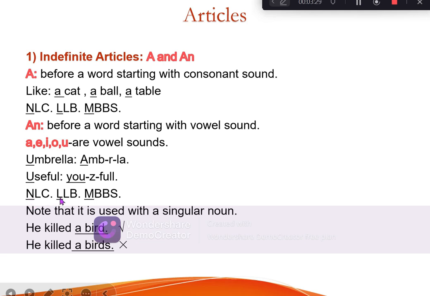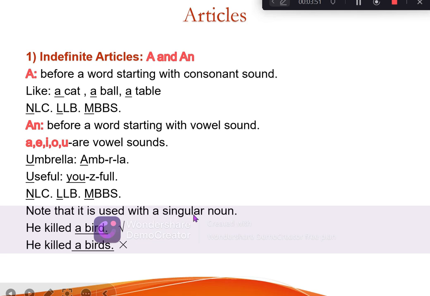So you need to identify the correct pronunciation and the sound that a word gives us before using a and an. Note that the indefinite articles a and an are always used with a singular noun.